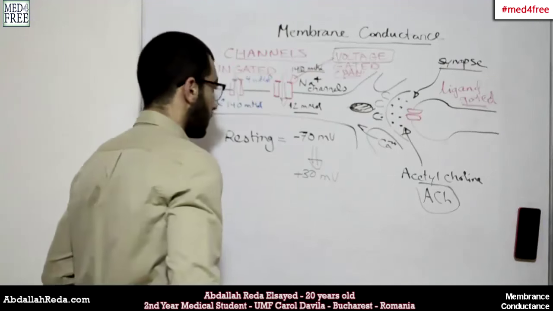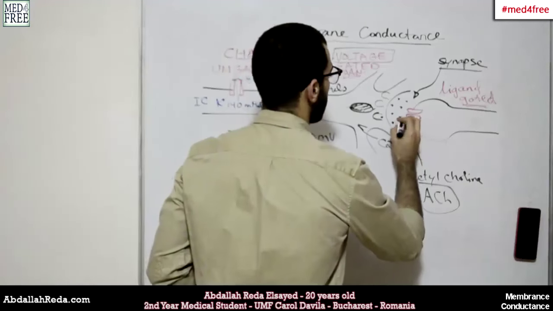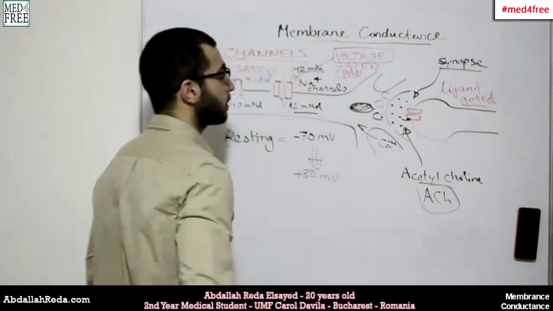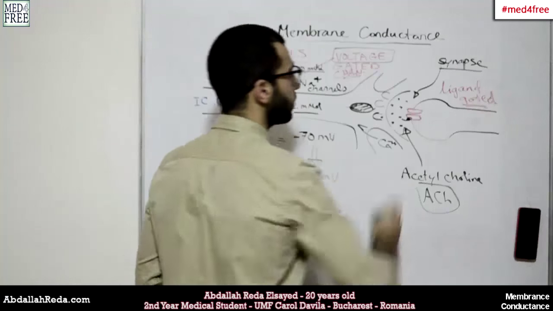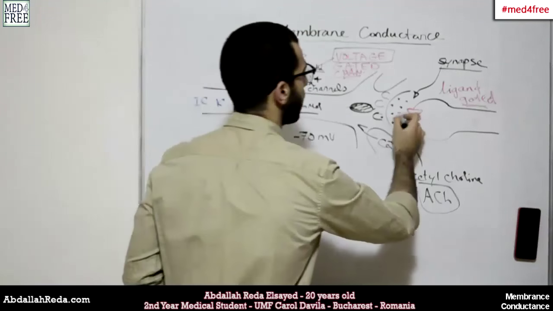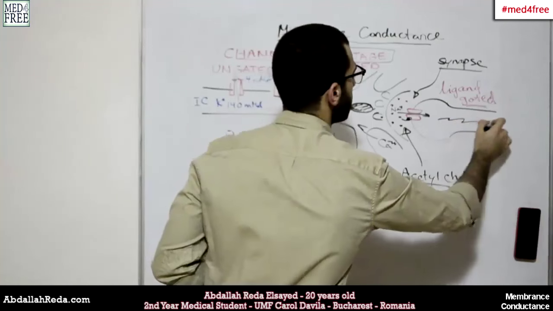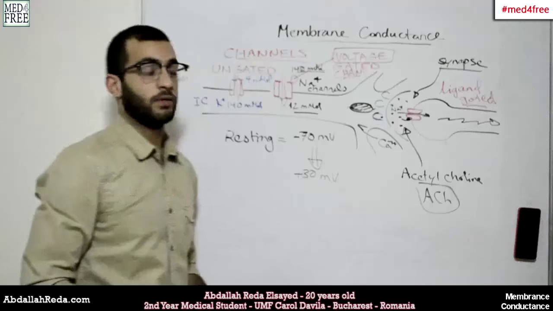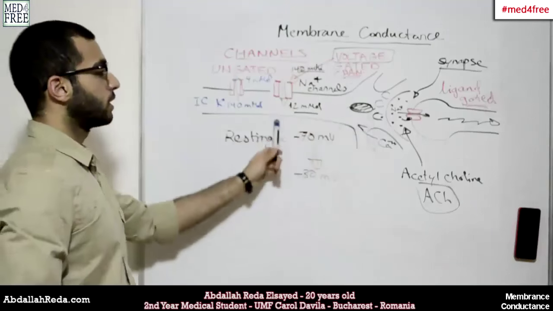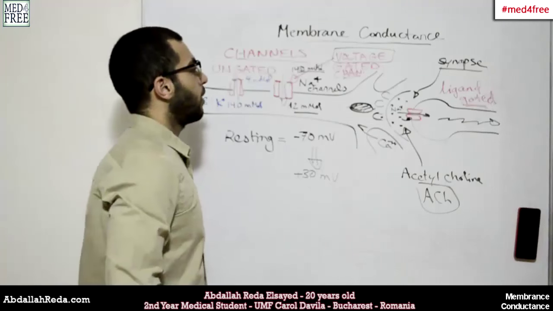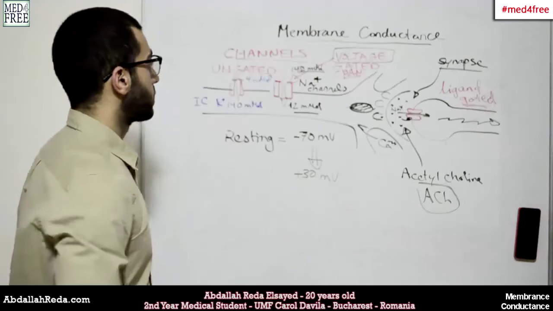These ligand-gated channels will be activated by the binding of acetylcholine. So when acetylcholine binds to this channel, it will open, allowing sodium to go inside the cell, which will lead to the propagation of the stimulus, which was originally in the previous neuron. So now we know our three types of channels.